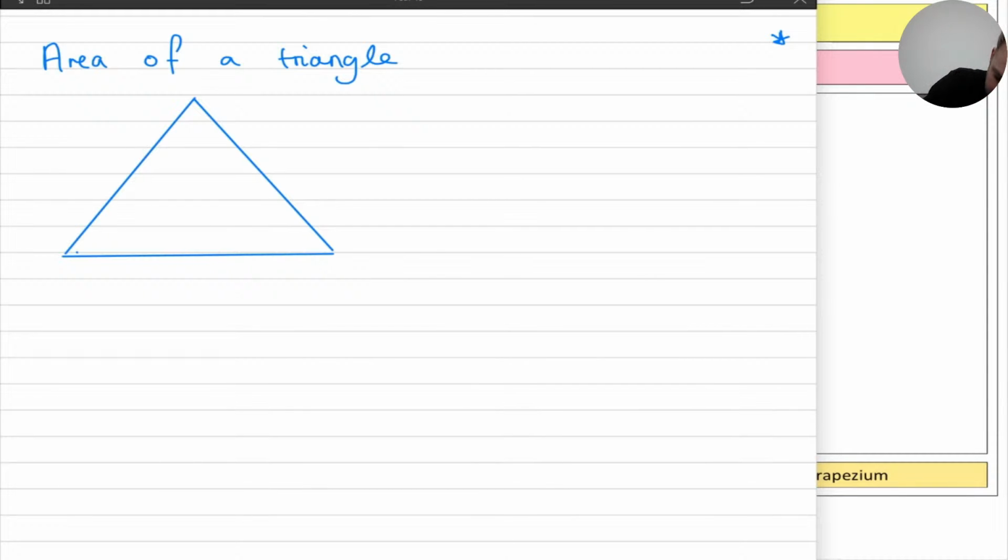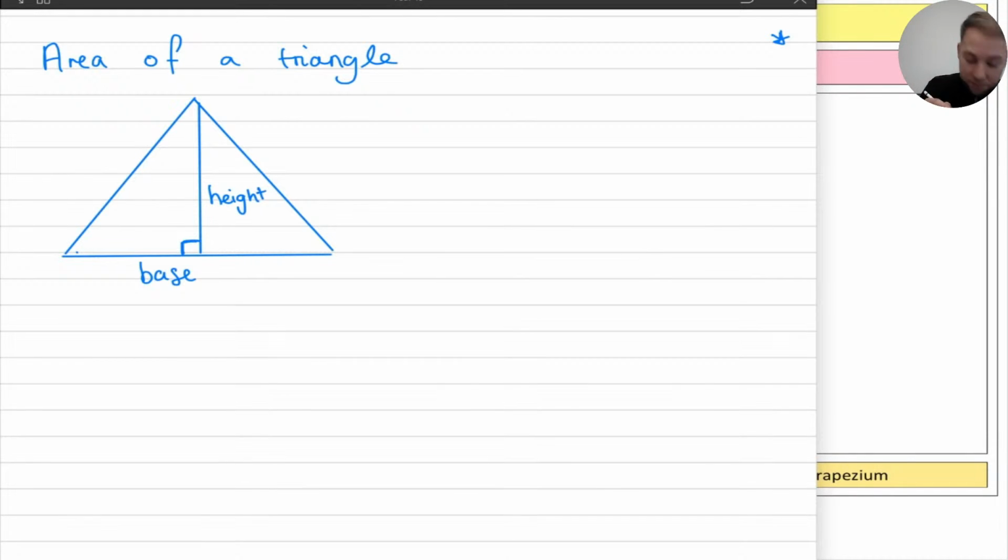Now again, it's this base here that's important. But the important part is it's the perpendicular height here. So it's this one here, the perpendicular height, which is really important. So it's the base times by the perpendicular height.